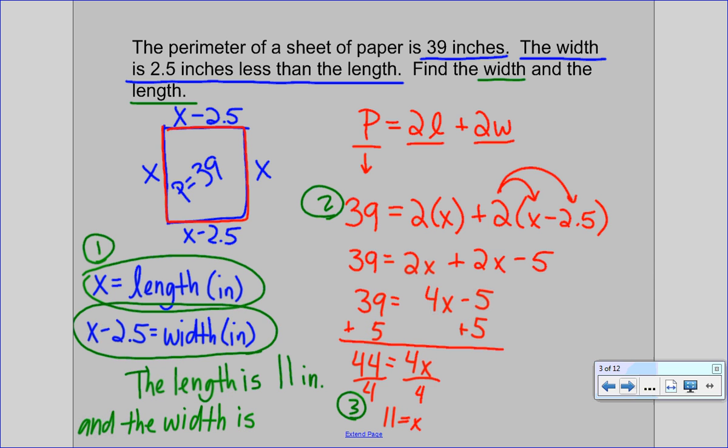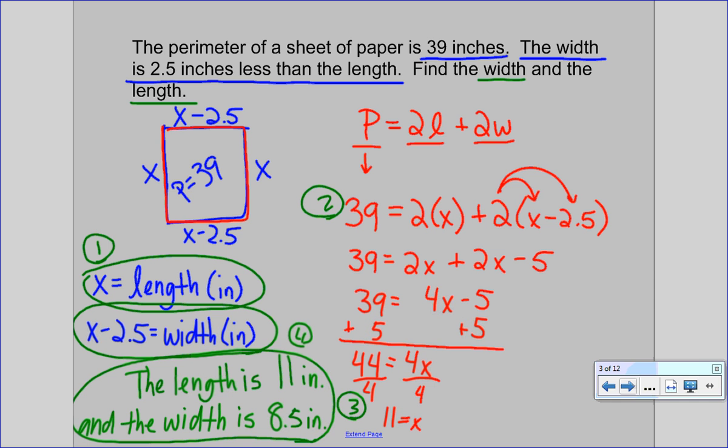The width of my piece of paper is 11 minus 2.5, which is 8.5 inches. Now I've done my fourth and final step, which is clearly stating my solution.